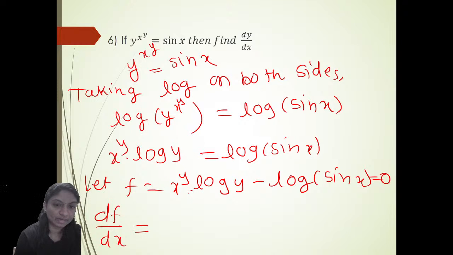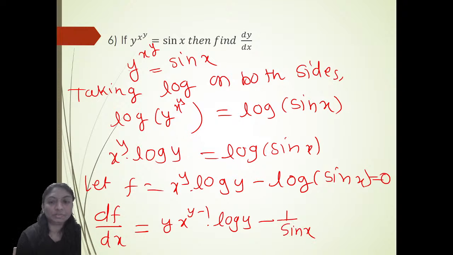So df by dx is y into x raised to y minus 1 into log y, as it is because log y is constant, minus log of sin x, which gives 1 upon sin x into derivative of sin x, which is cos x.